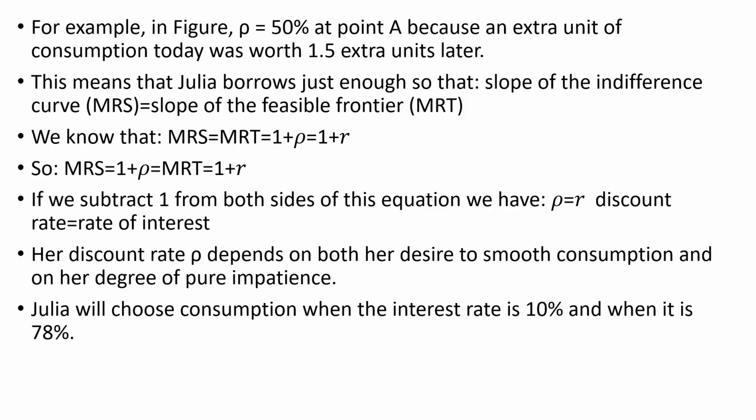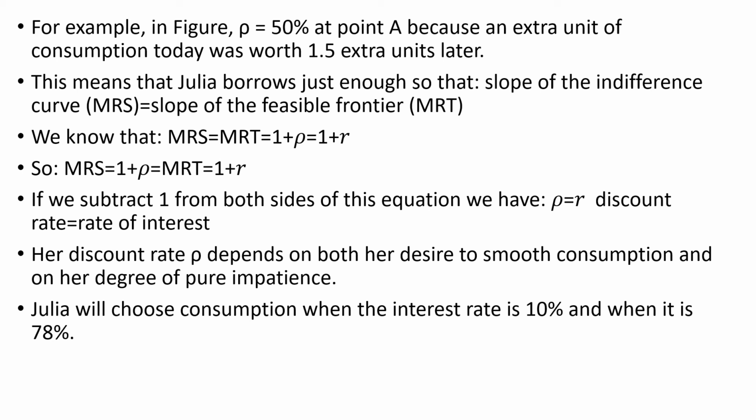Take an example: just assume that the discount rate rho is equal to 50%, or 0.5, because an extra unit of consumption today was worth 1.5 extra units later. This means that Julia borrows just enough so that the slope of the indifference curve and the slope of the feasible frontier are equal. Here the marginal rate of substitution and the marginal rate of transformation are equal to 1 plus rho and 1 plus r. Here MRS is equal to MRT.